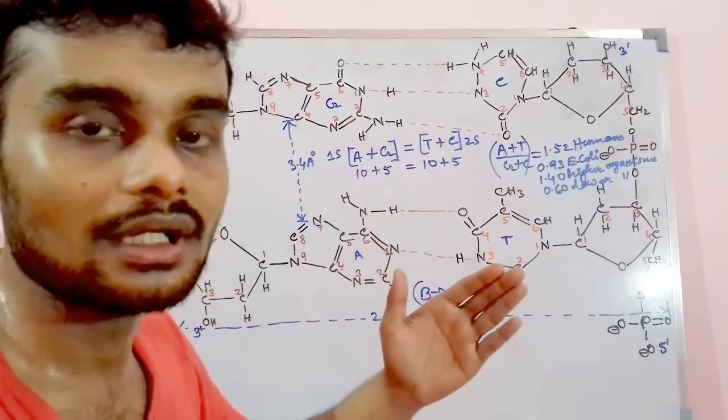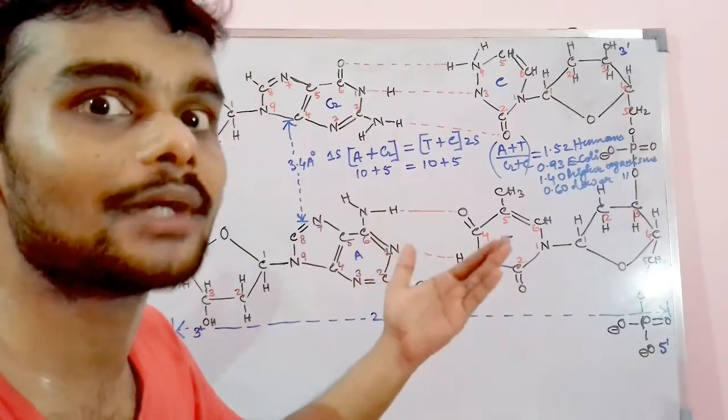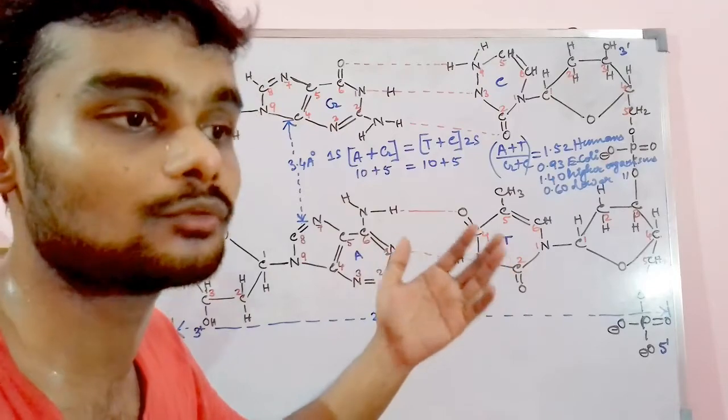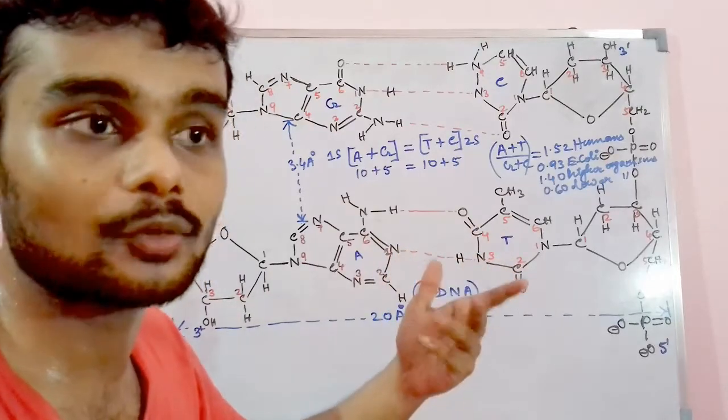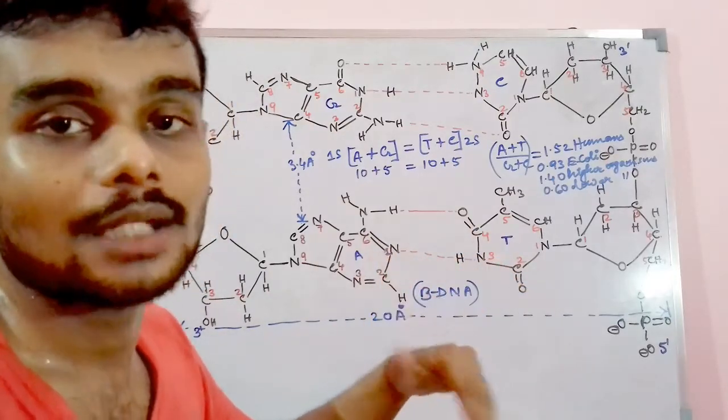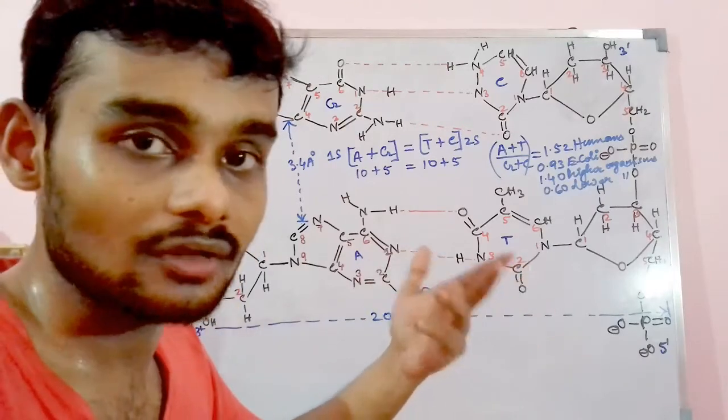There might be variation. The purine bases might be more, the adenine might be more, the thymine might be more, the guanine might be more, or the cytosine might be more, or they may be less. Either of them may be less. So it is very possible.